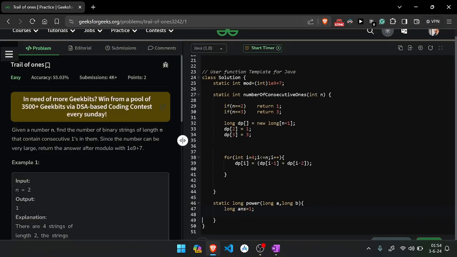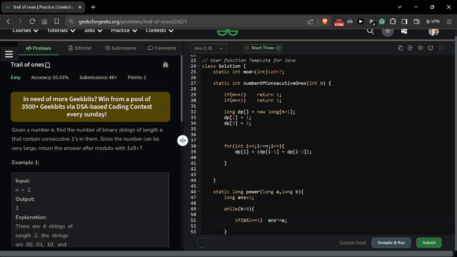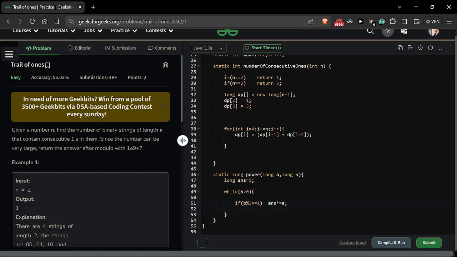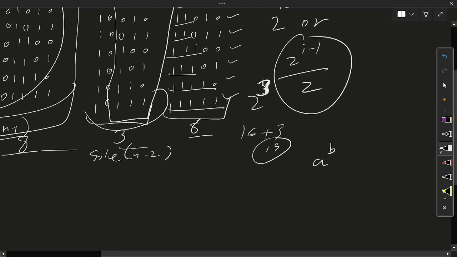In this power function, I have already made a video on power. I will link the video in the i button. First we have the answer as 1, and b means power, so in this I have to find a to the power of b.